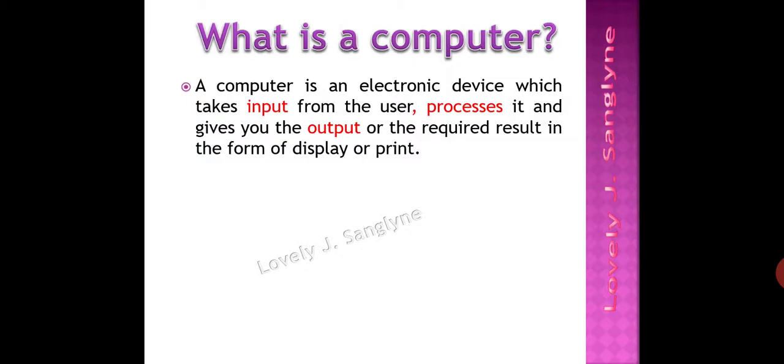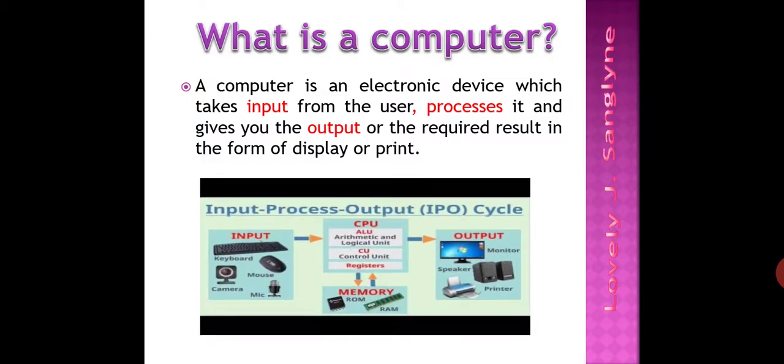So in the previous video, we learned about a computer being an electronic device that works on the instructions given by the user as inputs and then processes it and gives the output information as required. We also learned the working principle or the IPO cycle of a computer. IPO stands for input, process, output.